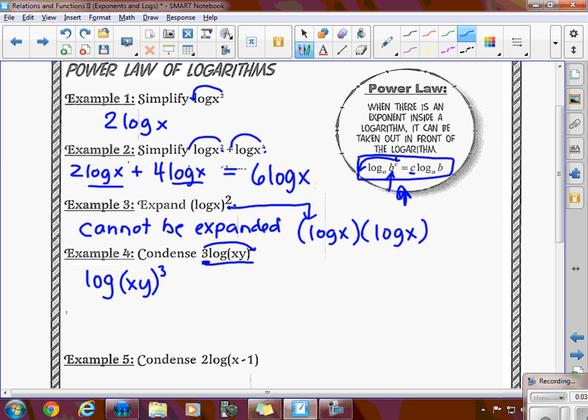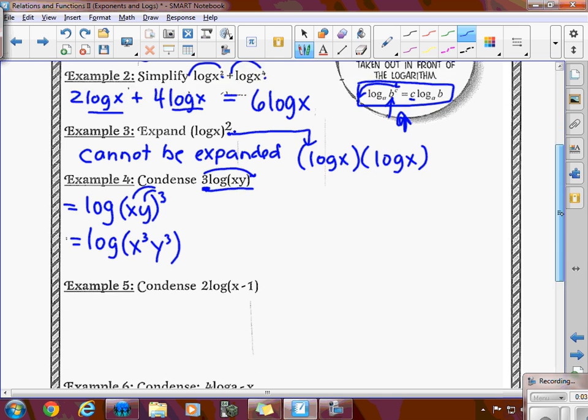Now that's one acceptable answer. The other answer is to say this 3 can now be put on both of those in there. So we could have log base 10 of x cubed and y cubed. Both of these, in my opinion, are acceptable answers. One just distributes the exponent in.